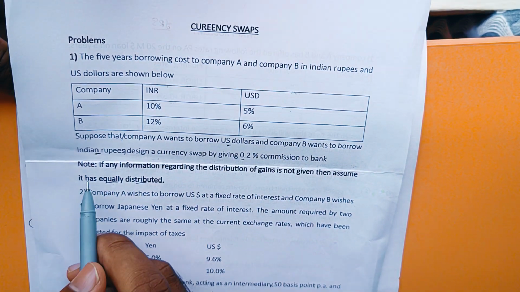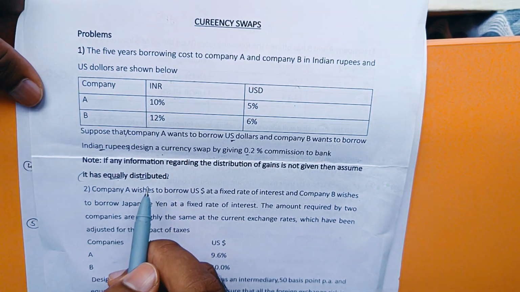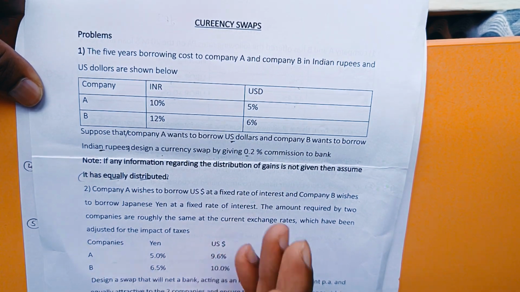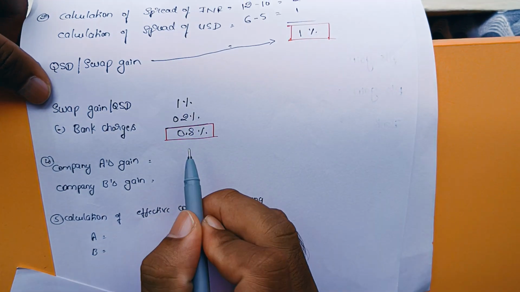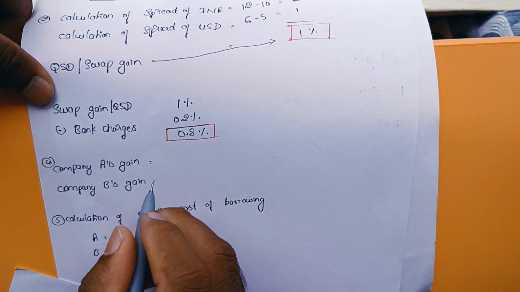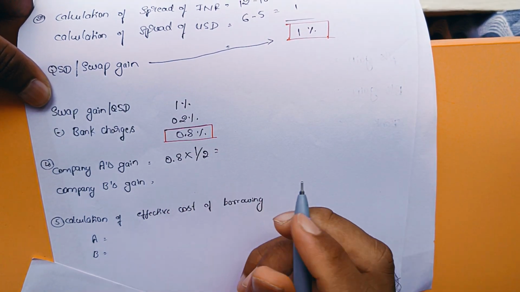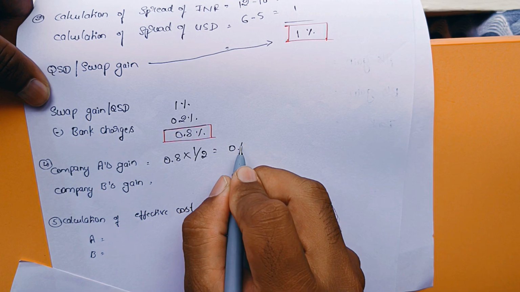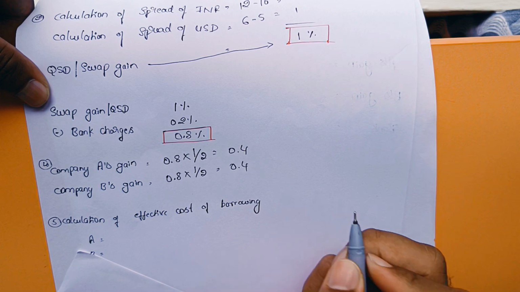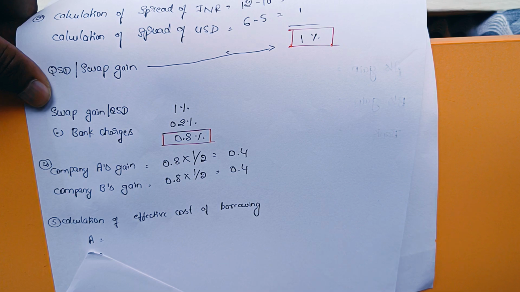If the distribution is not given in the problem, you are going to assume it is equally distributed. 0.8 is equally distributed among company A and company B. That is 0.8 swap gain into 1 by 2. Equally distributed in the sense 1:1. 0.8 into 1 by 2 equals 0.4. Now company A's gain is 0.4, company B's gain is 0.4.